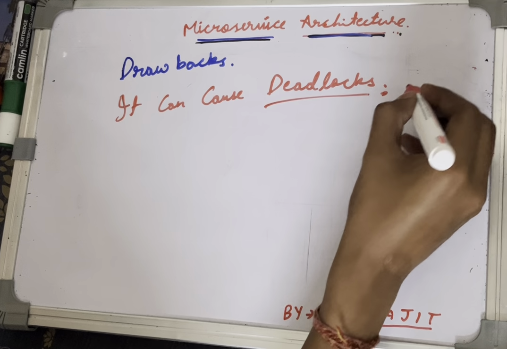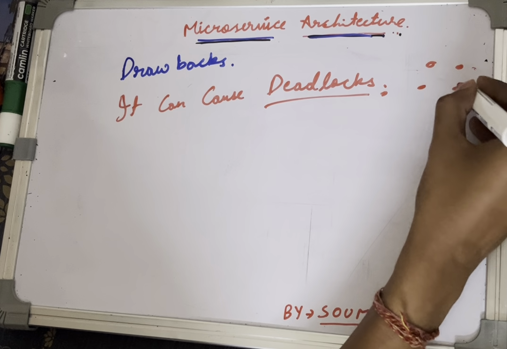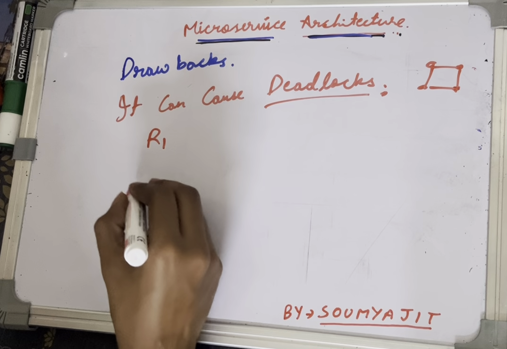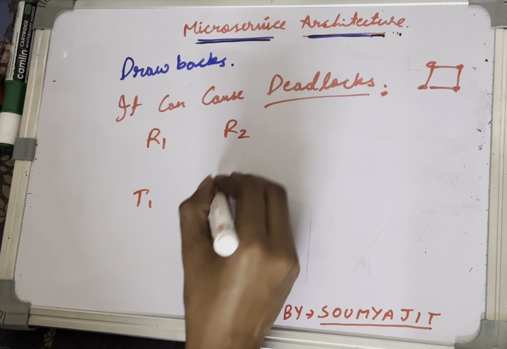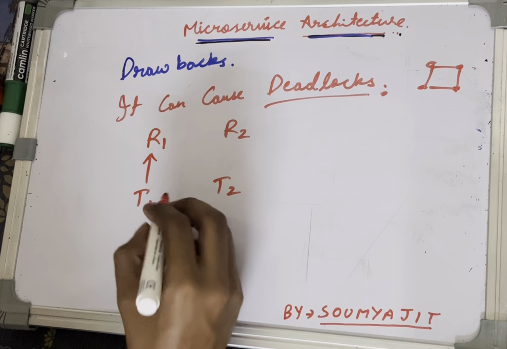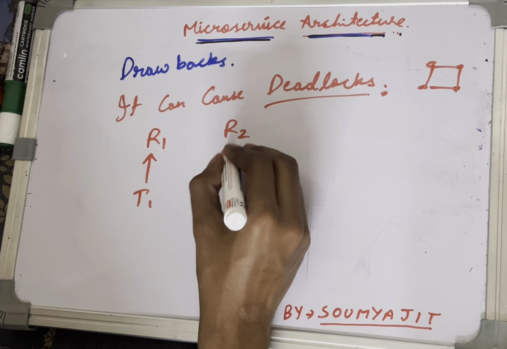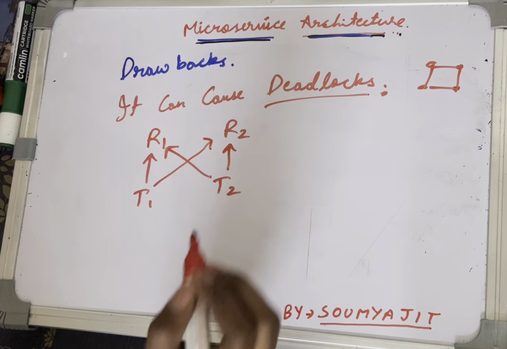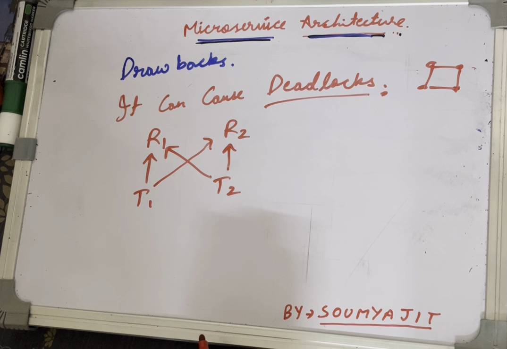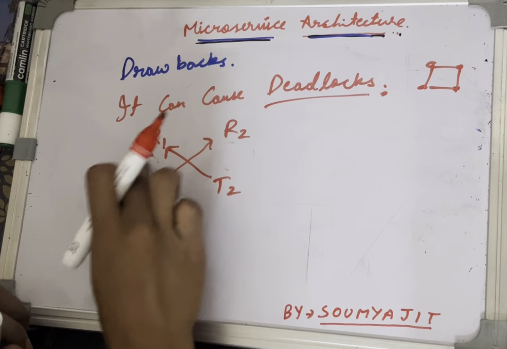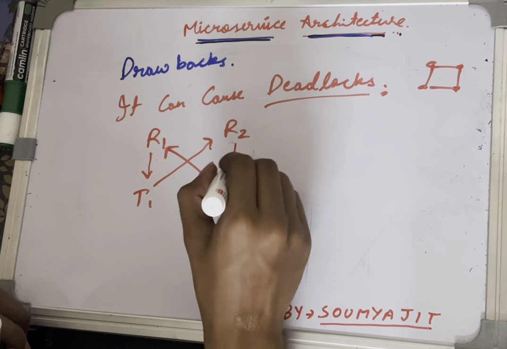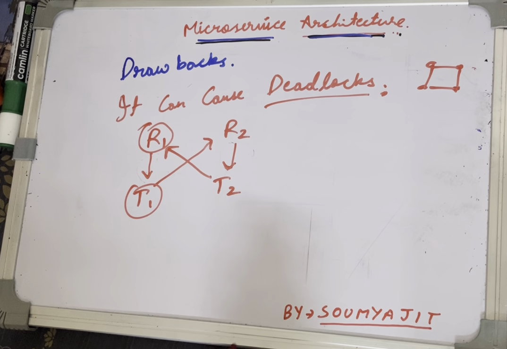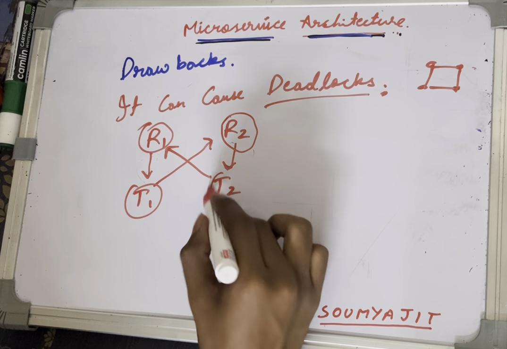Deadlock is basically a condition where the system is stuck, not knowing where it should go. Let me explain: transaction T1 has resource R1, right? And transaction T2 has resource R2, right?